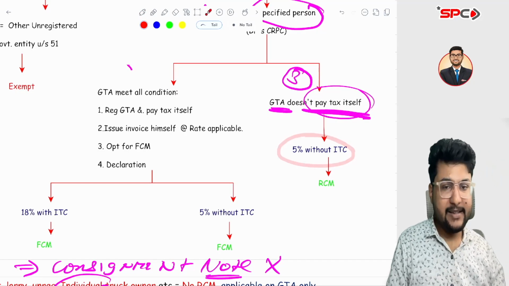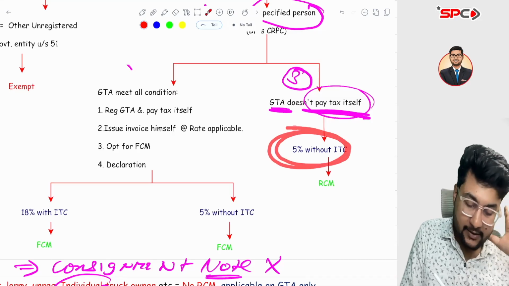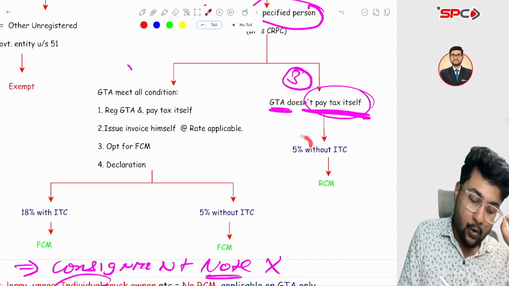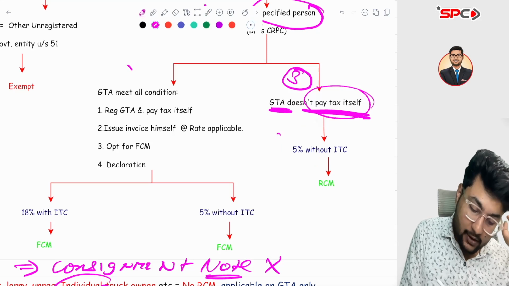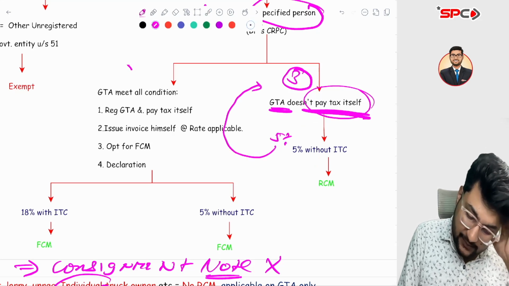will pay the tax at 5% without ITC. 5% without ITC means the recipient will pay the 5% tax on it.